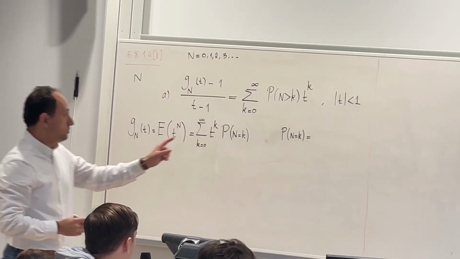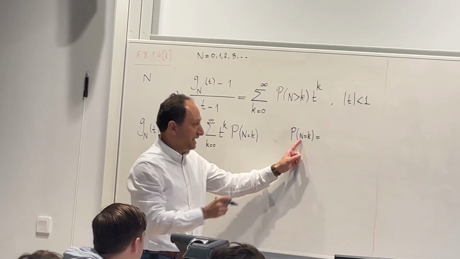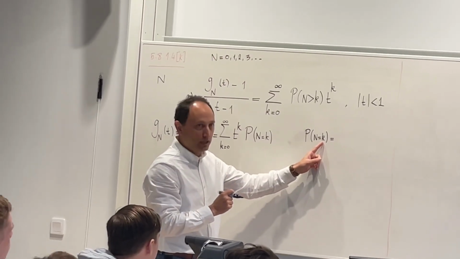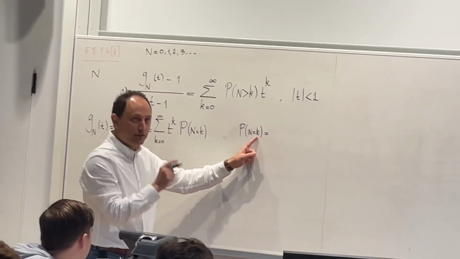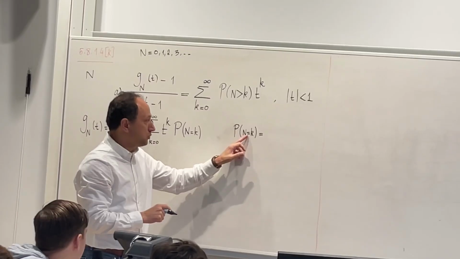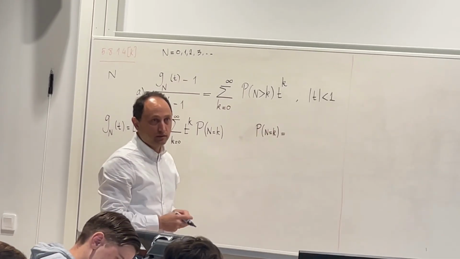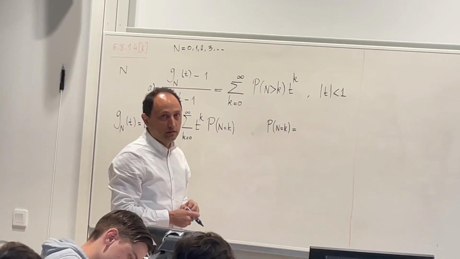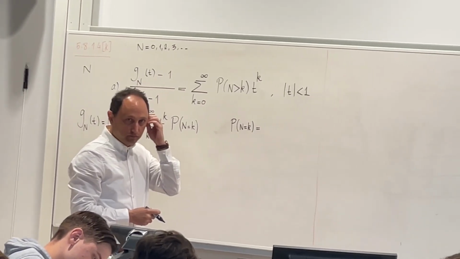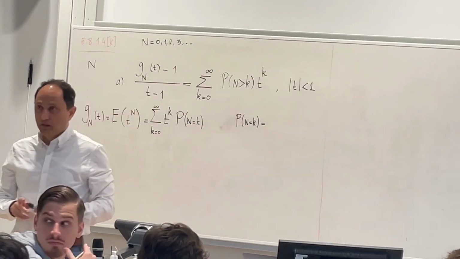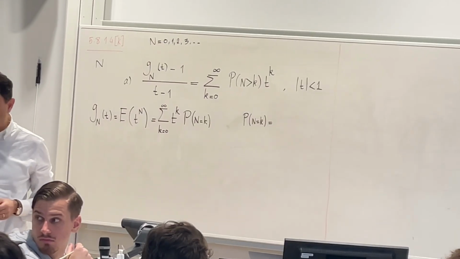So this means the probability that n exactly picks up the value k, but if I want to have the same probability, I want to change the equality sign to a greater than sign. Yes? Would it be the sum from k to infinity?